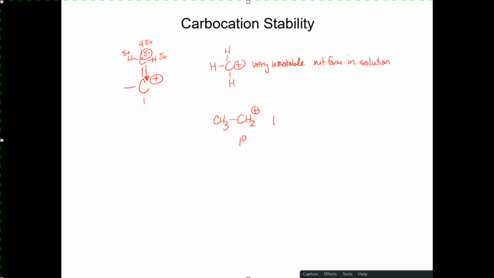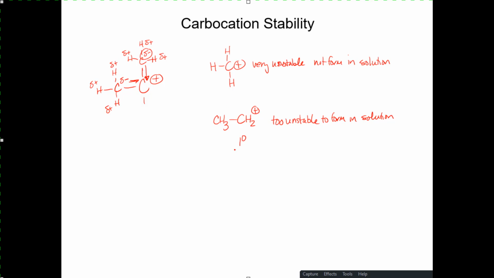Primary carbocations are too unstable to form in solution. Unfortunately. So one alkyl group is not enough. What about 2 alkyl groups? Two alkyl groups is enough to form a stable carbocation in solution.